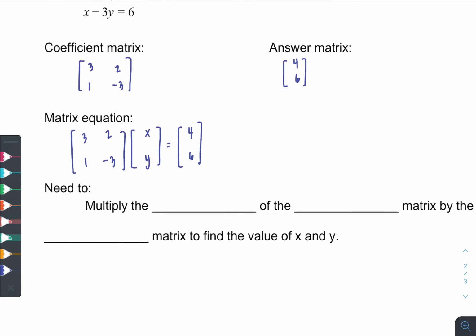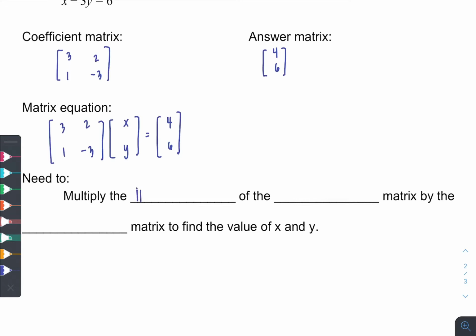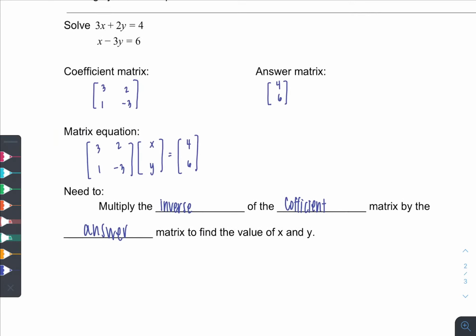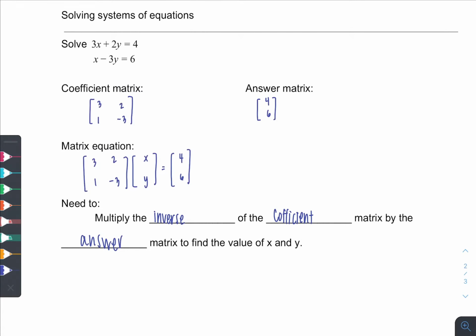So in order to solve, you're going to need to multiply the inverse of the coefficient matrix by the answer matrix to find the value of x and y.